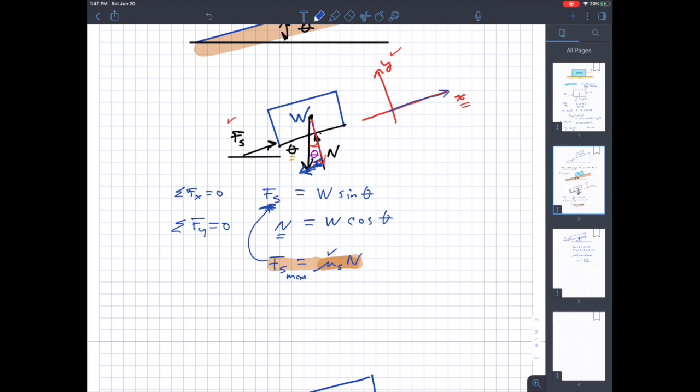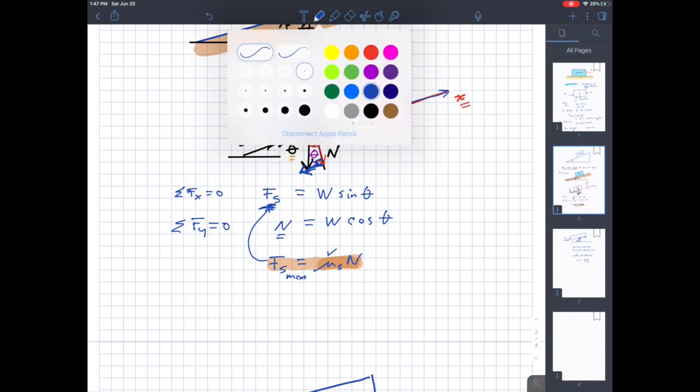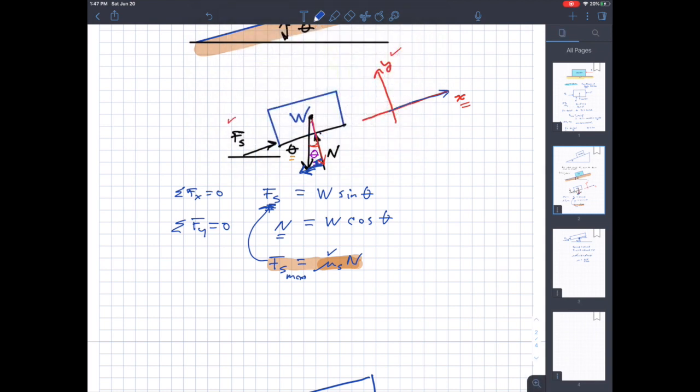I also know what n is, and I can plug that in. So what I have is mu s times n, but n is W cosine theta. That part is n.